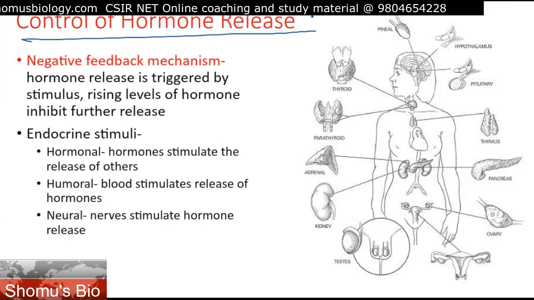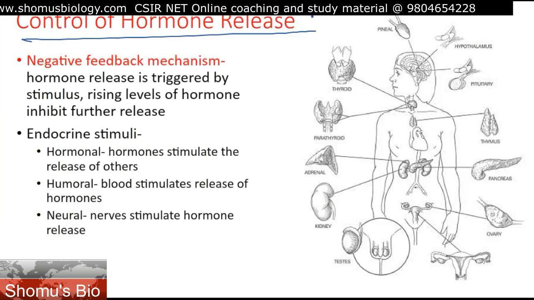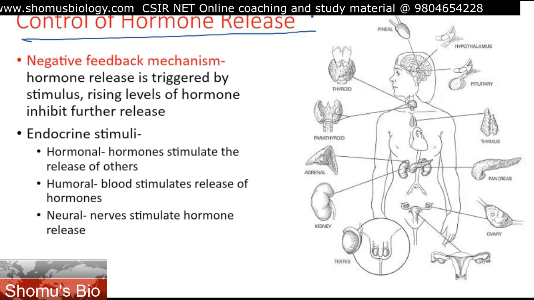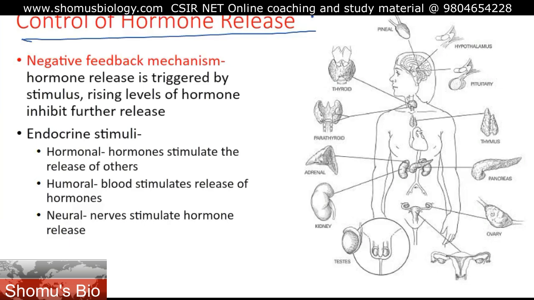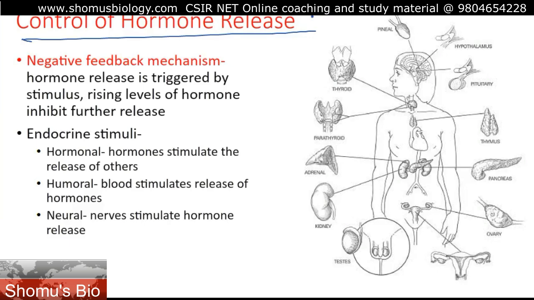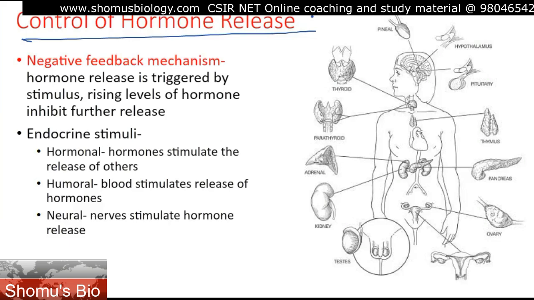All the other glands of the body, like the thyroid gland, parathyroid gland, pancreas, and all the other glands which secrete hormones, are under the regulation of the pituitary gland. The primary level of hormone regulation is mediated between the hypothalamus and the pituitary gland. Okay, so the pituitary-hypothalamus axis is very, very important, and it always works like a negative feedback loop.